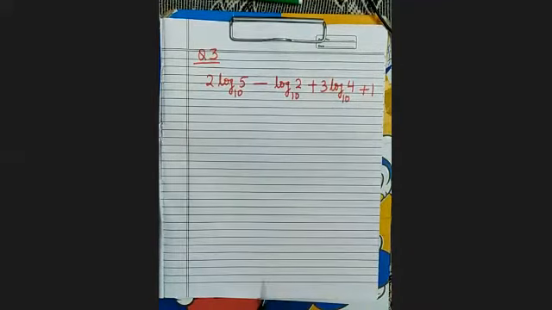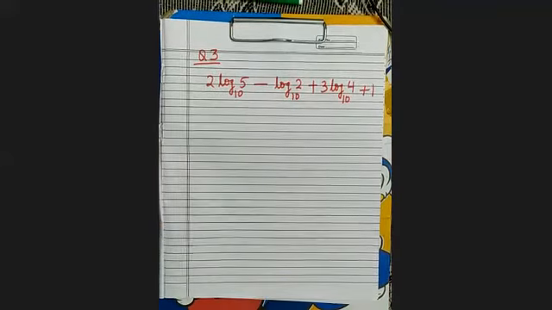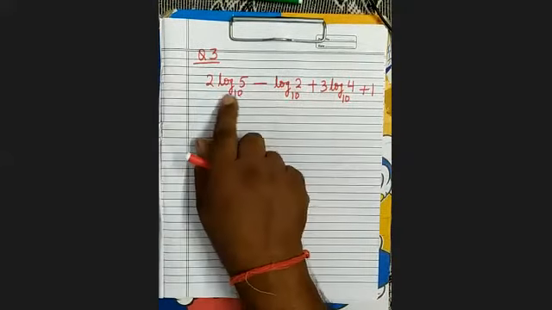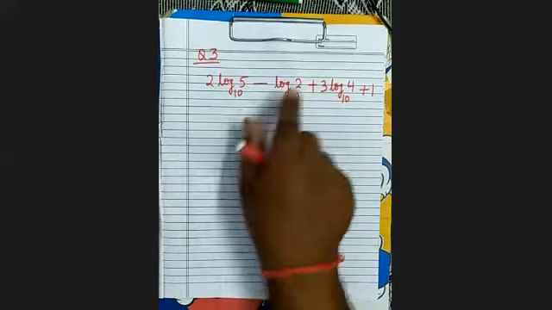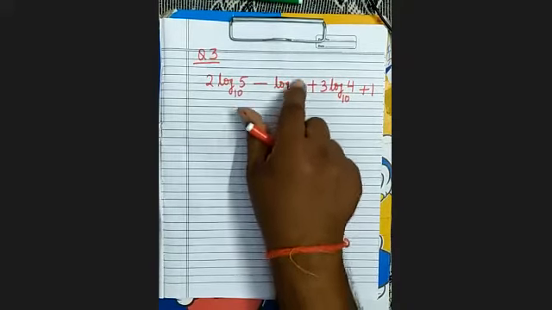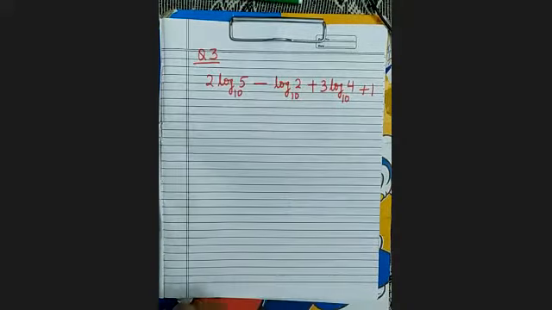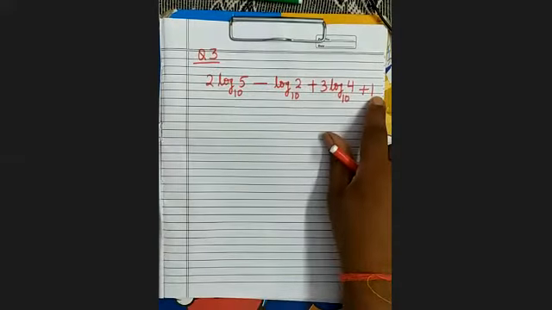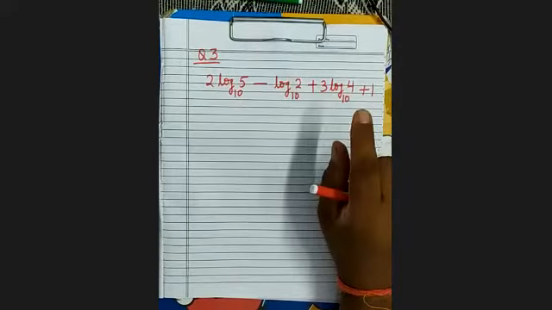Now see here, you will do two things here. Number 1, you will change every term in a single logarithm like this, so that there is no number before the logarithm. And number 2, this is 1 here, you write 1 in logarithmic form.